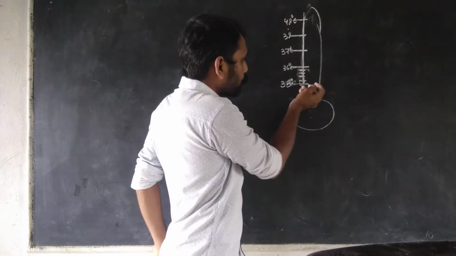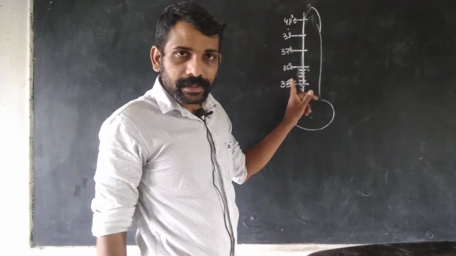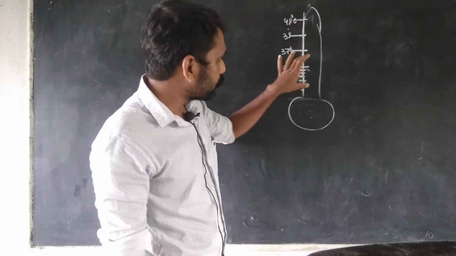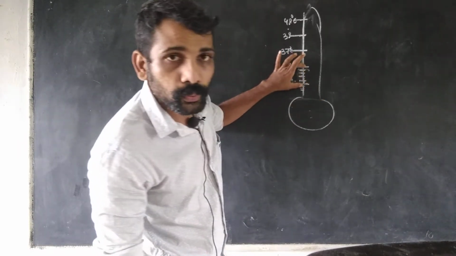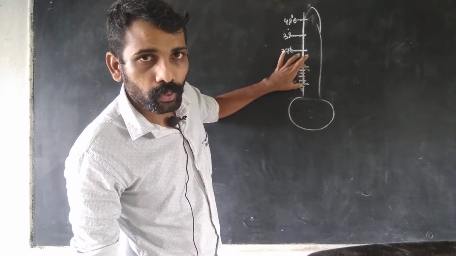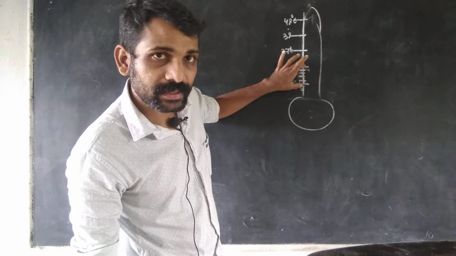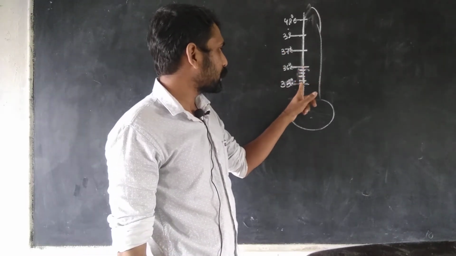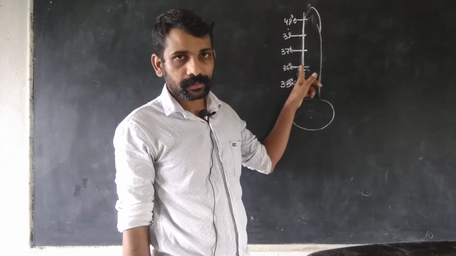What is the difference between two consecutive, two nearest bigger marks? What is the value? 35 to 36. What is the difference?